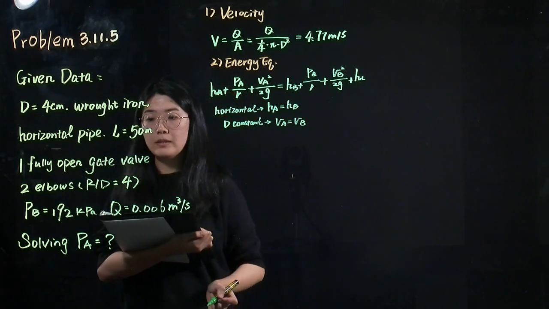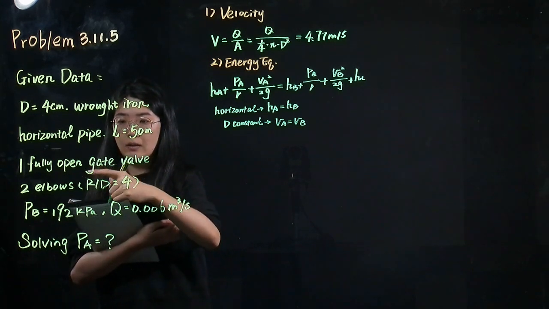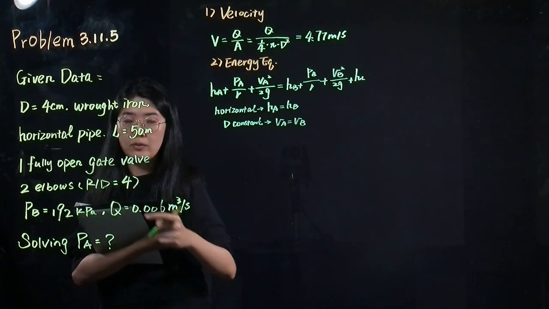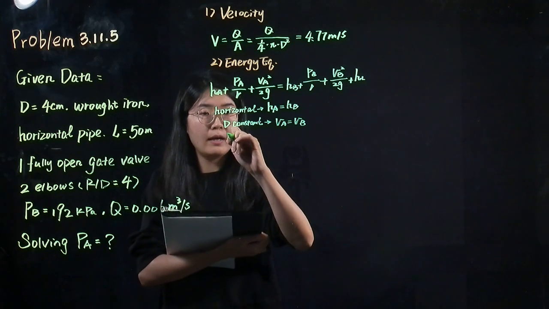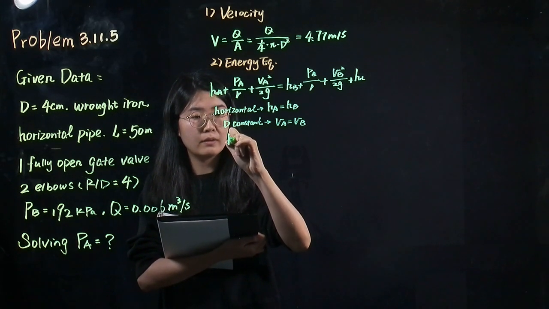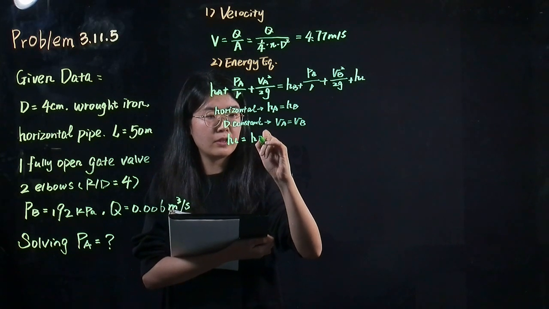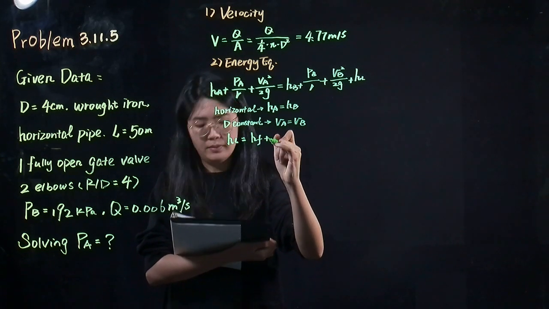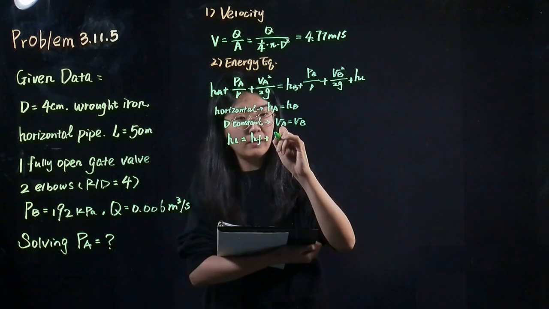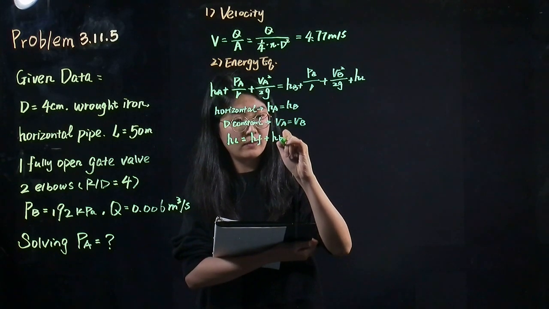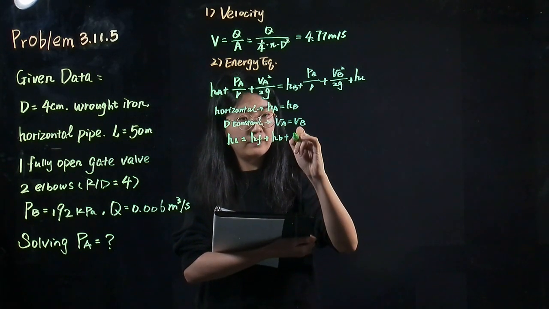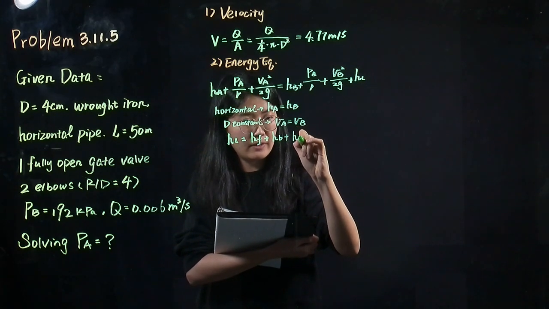And because the pipeline has a gate valve and also two elbows, the head loss in this pipe is equal to the friction loss plus the bend loss and also the loss caused by the valve.